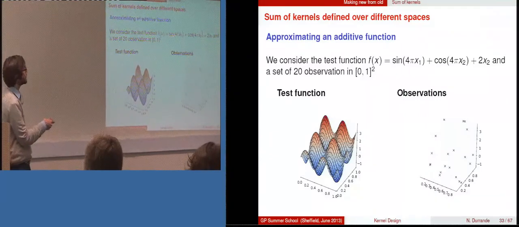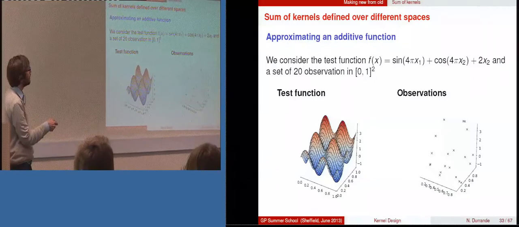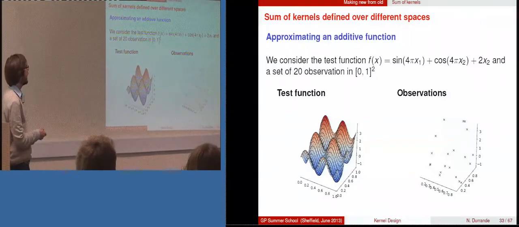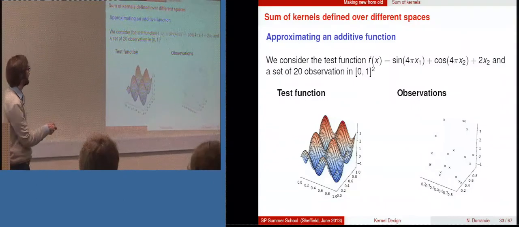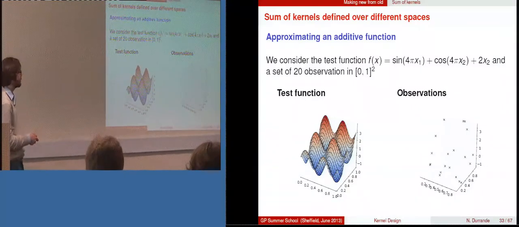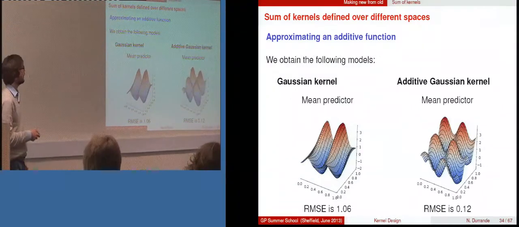Here is a test function that is additive. It depends on a function of x1 plus a function of x2. We assume we have this test function, represented over there, and a set of 20 observations. Now we use that to create a GP model.